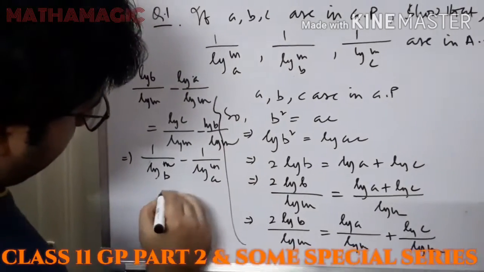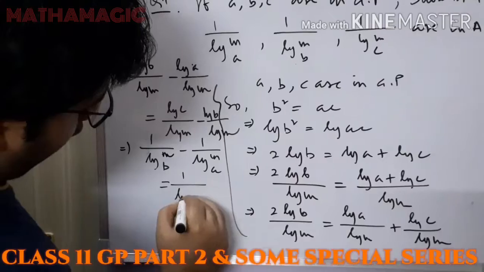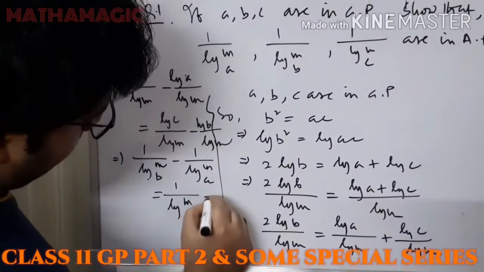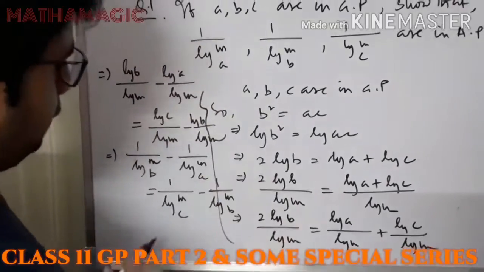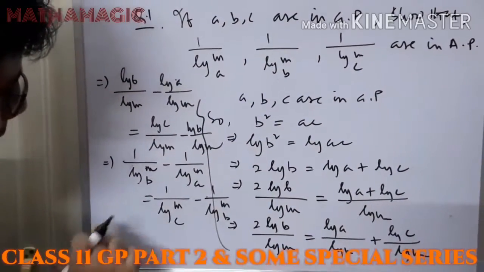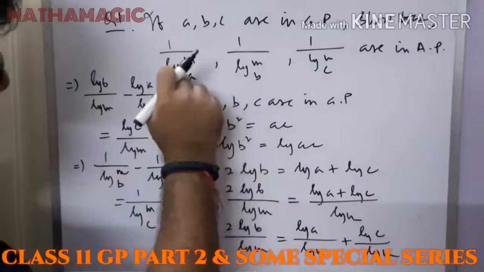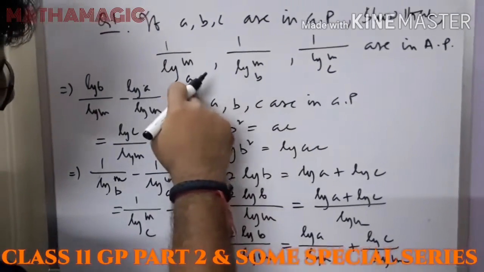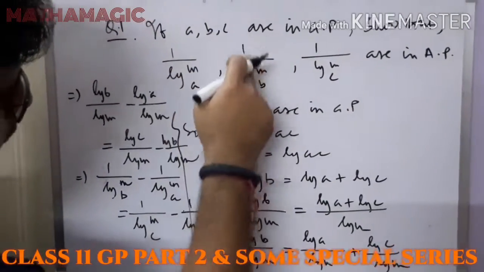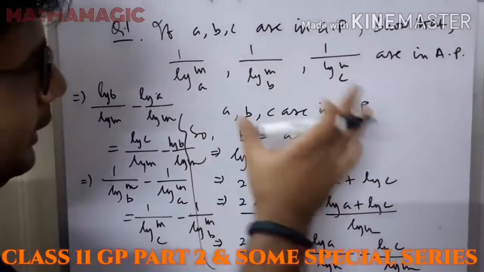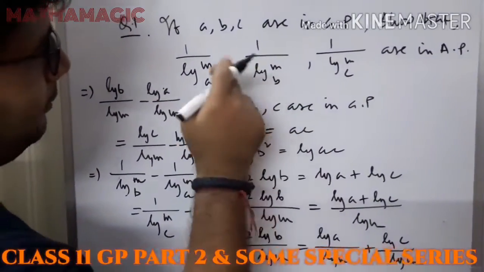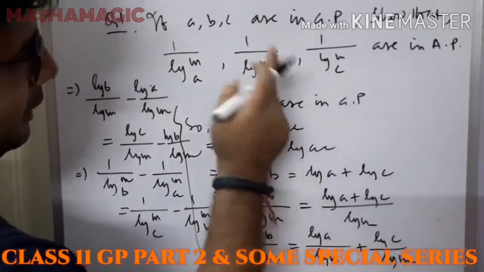From this one we can write that 1 by log of M base C minus 1 by log of M base B. So it is very much clear that these three terms, 1 by log of M base A, 1 by log of M base B and 1 by log of M base C, are in AP, because in case of AP we need to see that the second term minus first term should be equal to the third term minus second term.